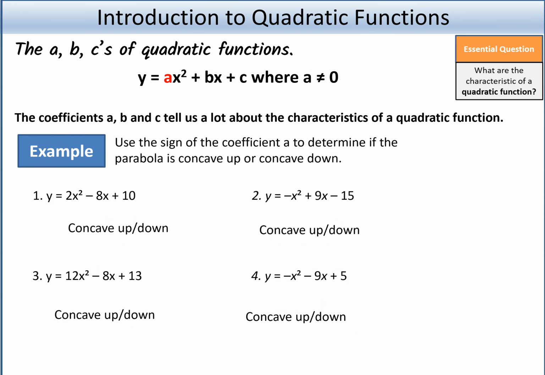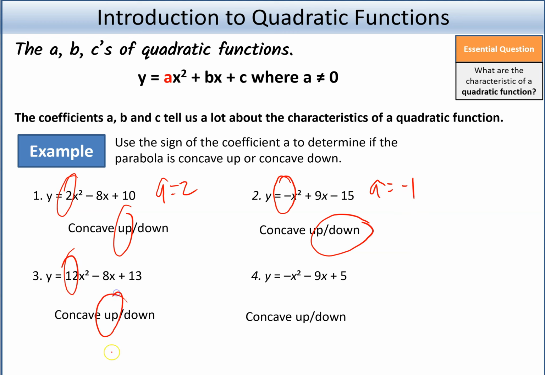So really quickly, let's use the sign of the coefficient a to determine if the parabola of these functions would be concave up or concave down. Okay, this one would be up because our a is +2. This one would be concave down because our a is equal to -1.